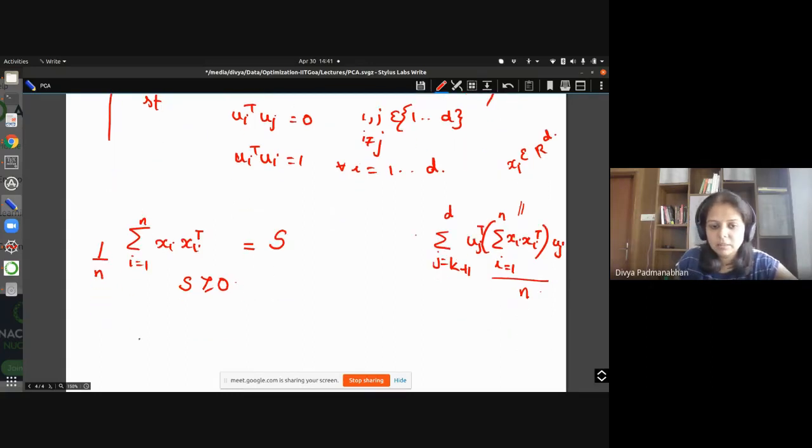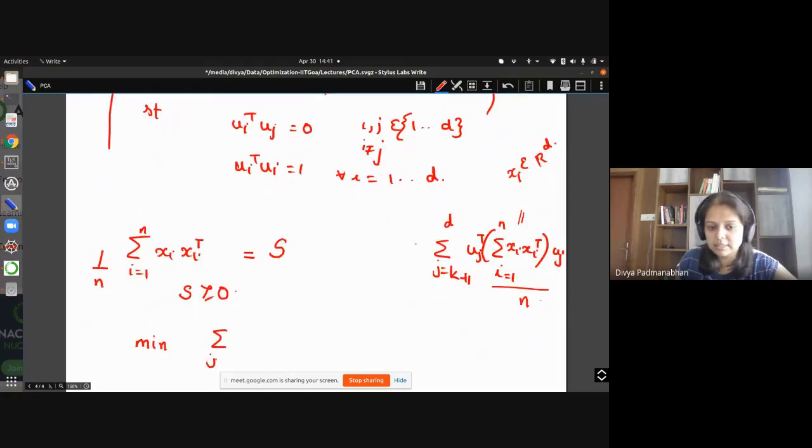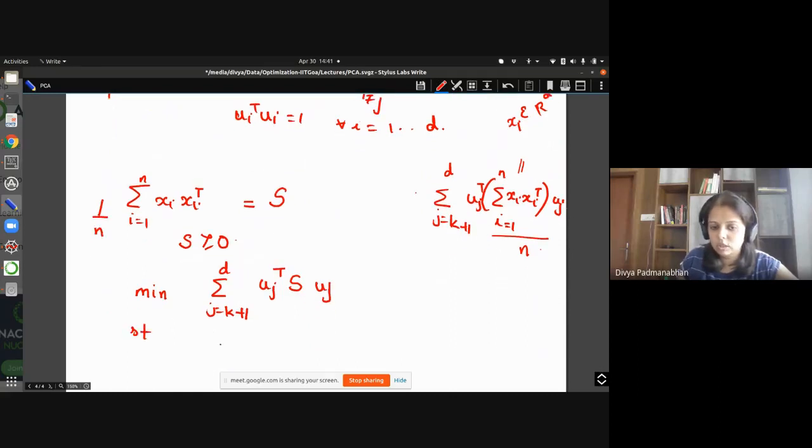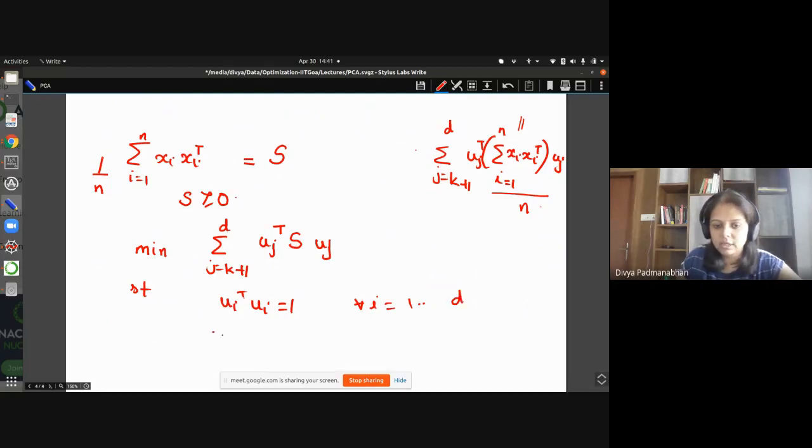So the problem now overall has become: minimize summation j equals k plus 1 to d of uj transpose S uj, subject to again those constraints: ui transpose ui is 1 for all i equals 1 to d, and ui transpose uj equals 0 for all i, j pairs in 1 to d and i not equal to j.